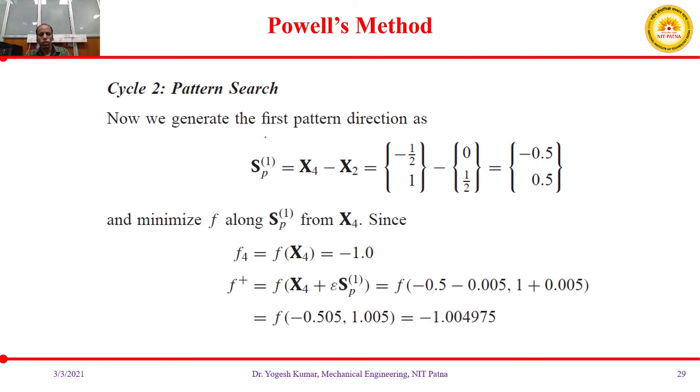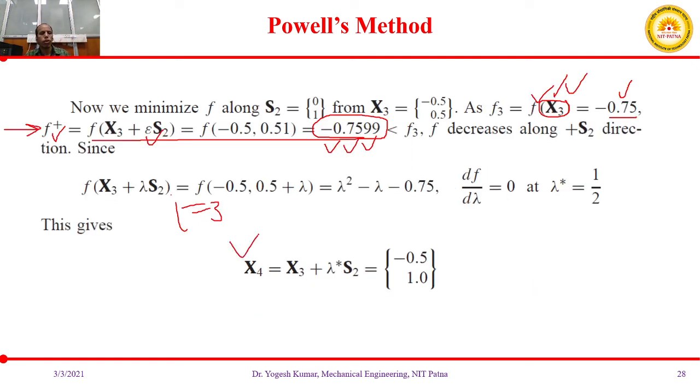So we reached the point x4, and we found the new point, which is equal to 0.5 and 1.0, after putting in the value of lambda. Now your i is equal to 3, which satisfies the termination condition of this loop, which is n plus 1, equal to 3.